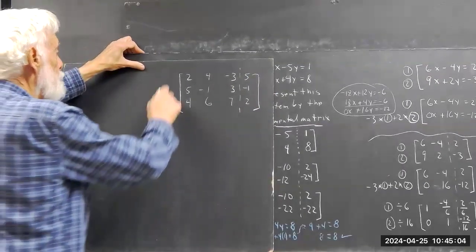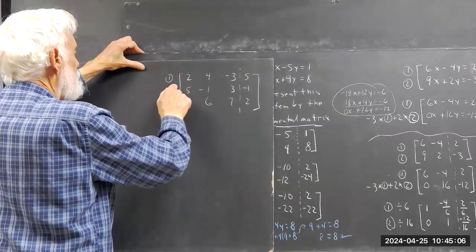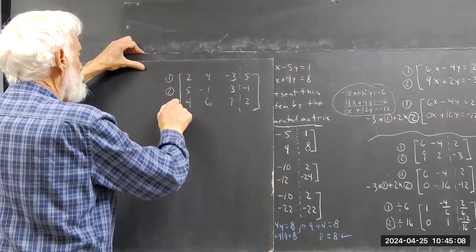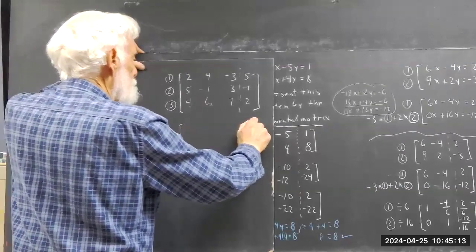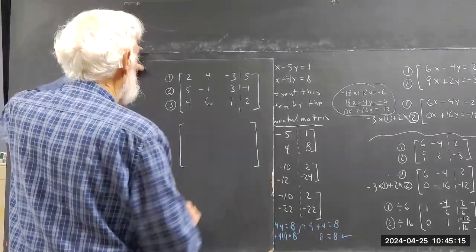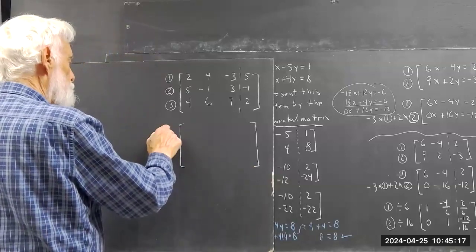Okay, now there are 3 rows. I'm going to give you an operation. You do quite well with this.